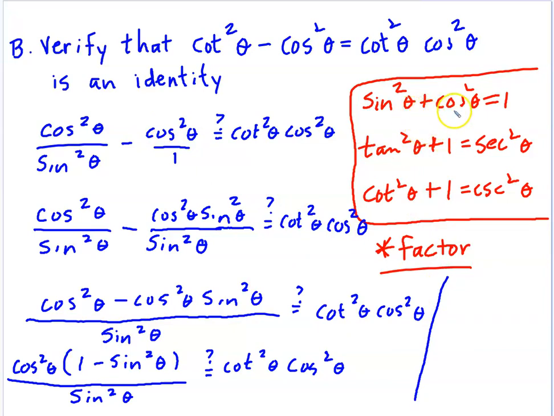If we manipulate this first identity, we know that cosine squared theta is 1 minus sine squared theta, so I can replace 1 minus sine squared theta with cosine squared theta. So let me just put this on the next slide.